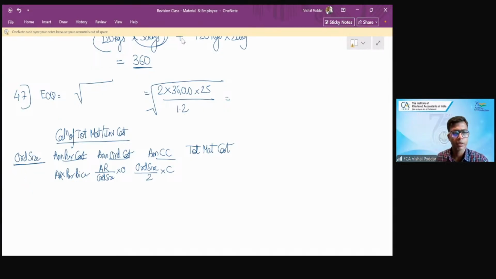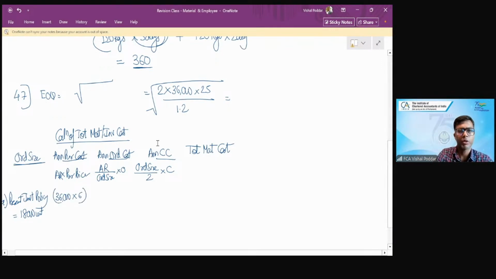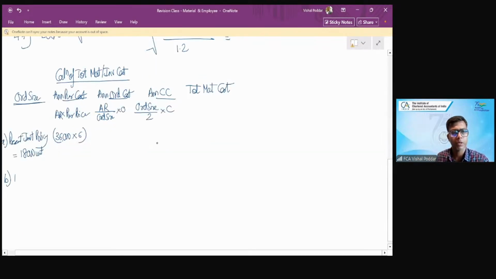Now, firstly, for present inventory policy, which is of 18,000 units. Now, this is 36,000 into 6. Also, they wanted for EOQ. I'm showing the same here. For EOQ, how much EOQ are you getting?